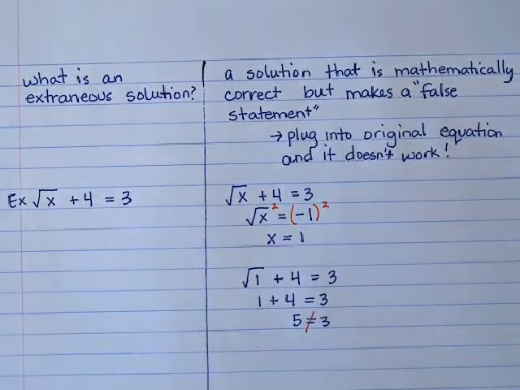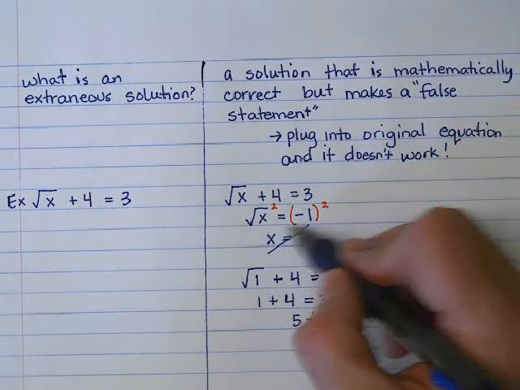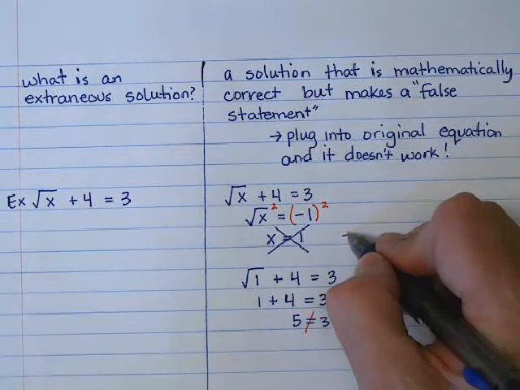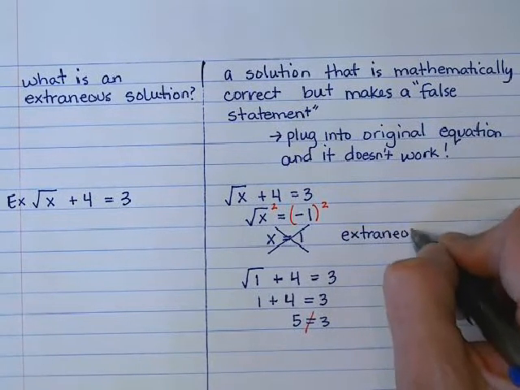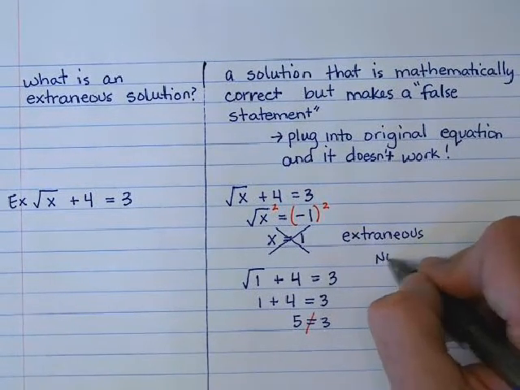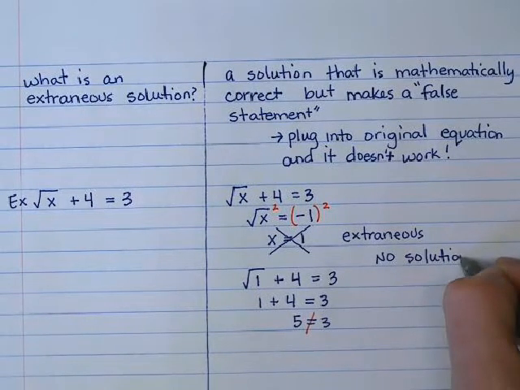Okay, so we don't erase our answer. Okay, you still have to prove it. So you don't erase it, you just put a little X through it, and then you write right next to it that this is extraneous and that this problem has no solution.